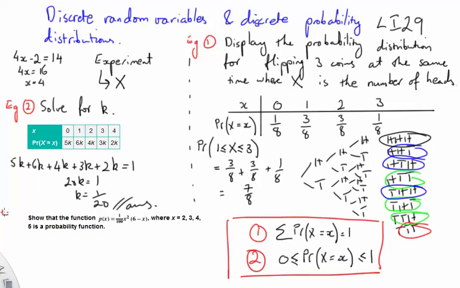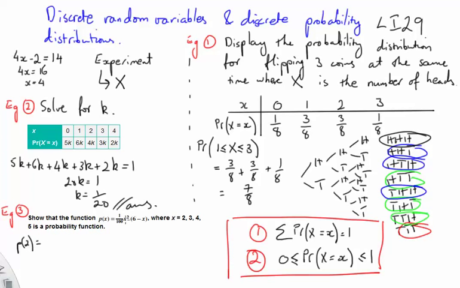Let's look at example 3. Show that the function here is a probability function. Alright, well, what's a probability function? It's saying that when we sub in all these values and add up the probabilities, they should add to 1. So let's do that. Let's do P of 2.